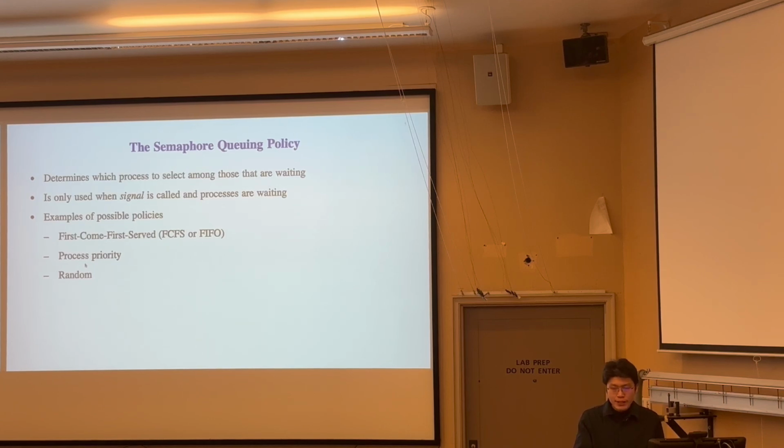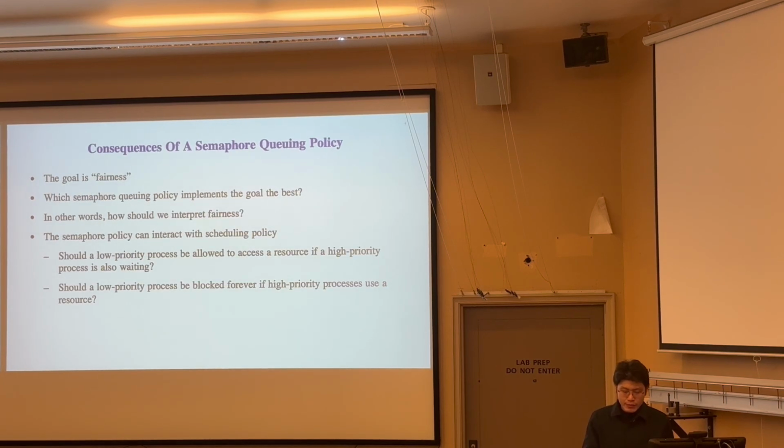In Xv6, they pick first in first out. That's easy to reason about. But the goal of this semaphore queue management is fairness, right? Similar to process scheduling, the reason we care about fairness using semaphore is that when there are multiple processes trying to acquire this semaphore, we want to make sure that no process will starve another.